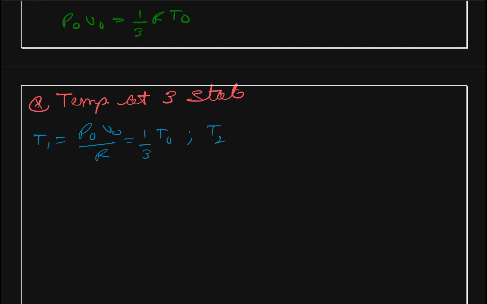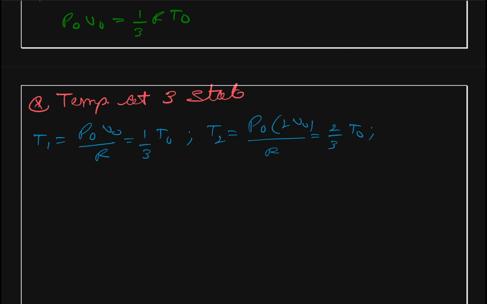Then we have T2. T2 will be P0 times twice V0 divided by R, which gives us 2 by 3 times T0.